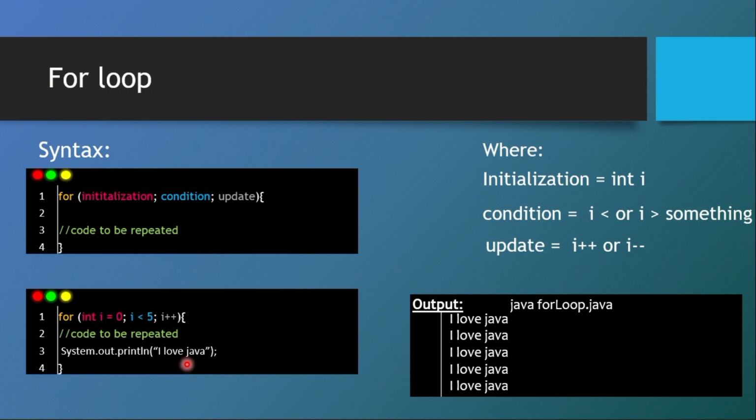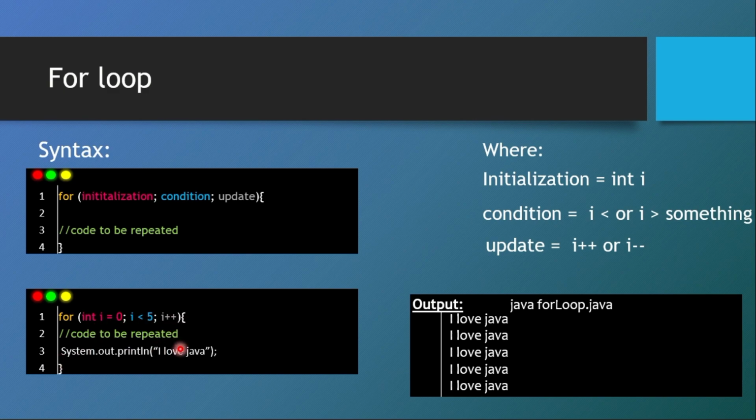So here's an example of our code using for loops, and then we say for int i is equal to 0. So we start at index 0 for whatever it is, and then we close the statement here, and then we say our operator, which is i should be less than 5, and then we close the statement as well, and then we increment this time every time this line of code is executed. This i will be incremented one time.